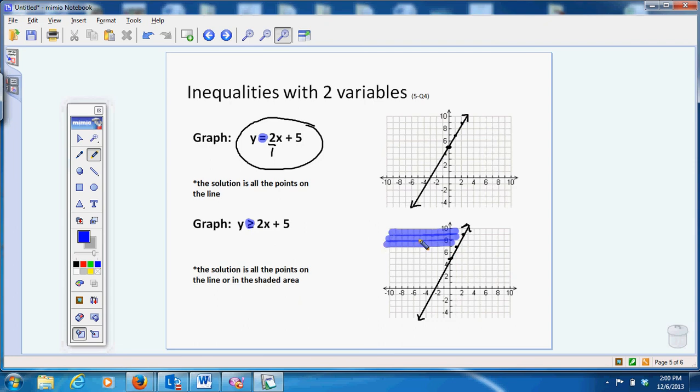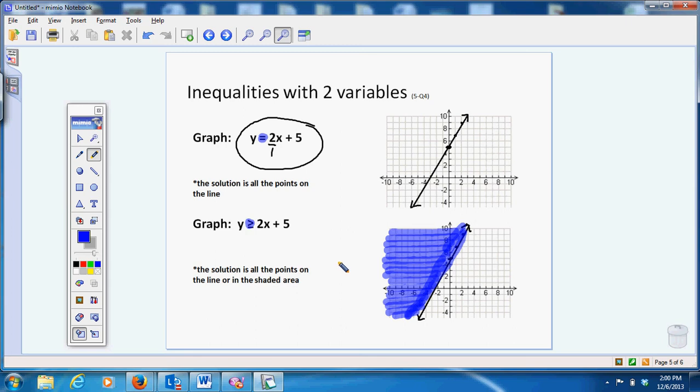Because any point or ordered pair that falls above this line, or in this case because it's or equal to, falls on the line, would be a solution to this inequality in two variables. So that's how we shade those. Okay? And that's how that works.